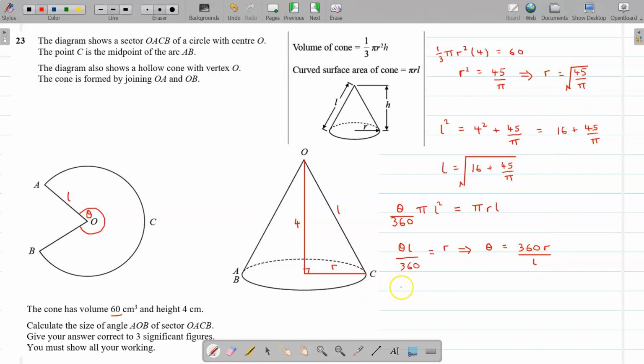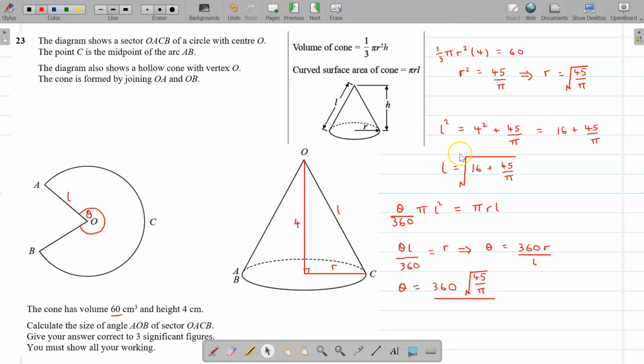So to find theta, we have theta equals 360 times r, which I'm just going to take from here and bring down here, and all of that is going to be divided by our expression for L, which is all of this.